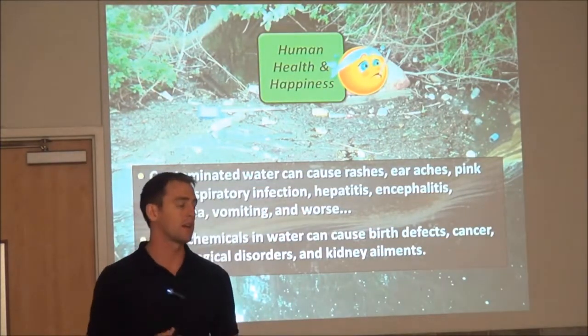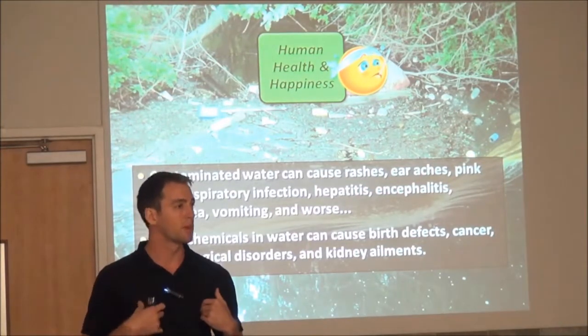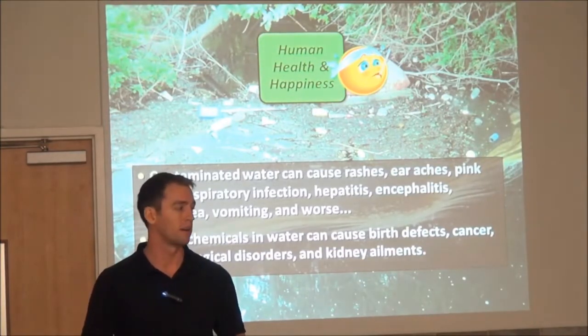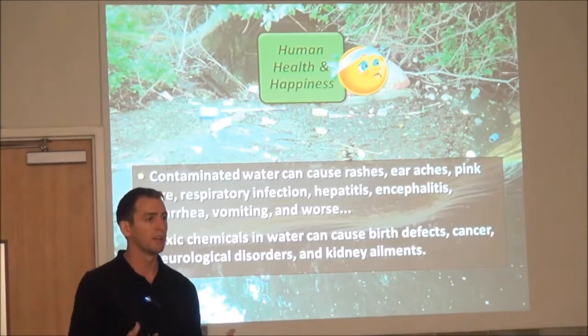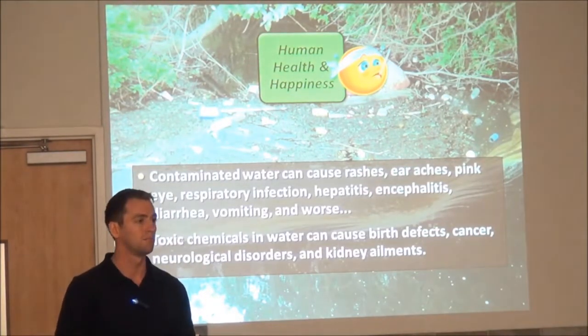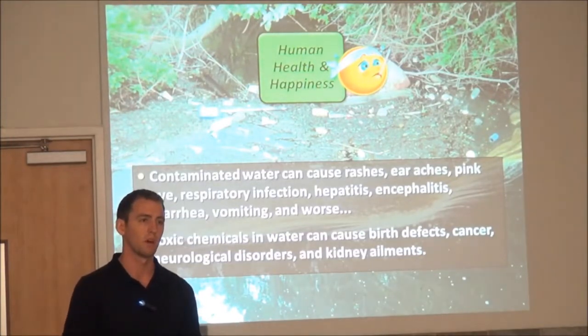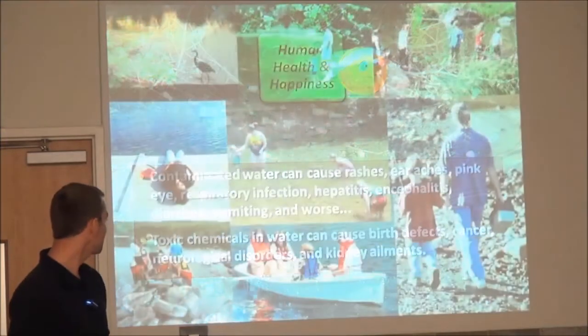That bacteria and other chemicals, toxic and hazardous substances can have a very detrimental effect on our health if we come into contact with it, whether as a drinking water supply or in a form of recreation, swimming, boating, for example, but also on wildlife health as well, if they're using that as a drinking water source or otherwise using it to cool off.